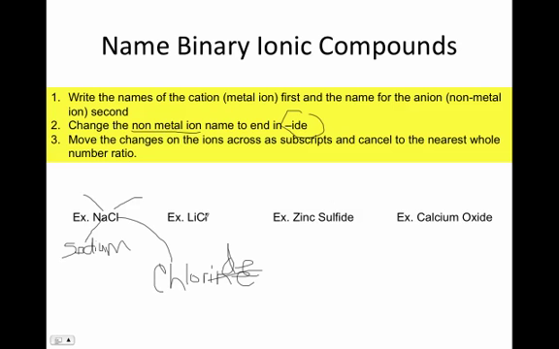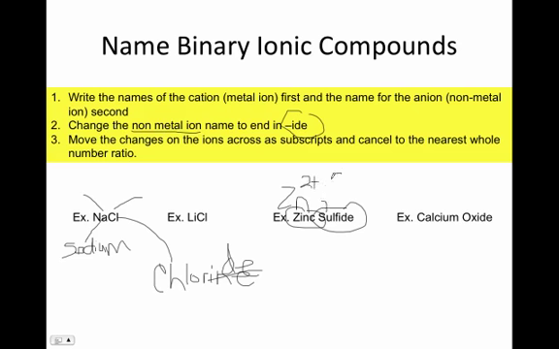Let's see if we can, besides naming, write them. Don't forget, when we see a metal with a non-metal, we know it has to be ionic, which means we're dealing with ions. So let's write out the ions. Zinc from the periodic table of ions is a 2+.